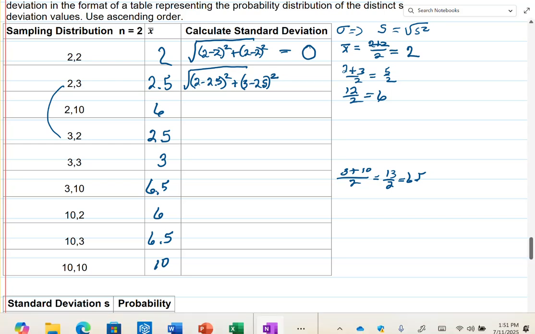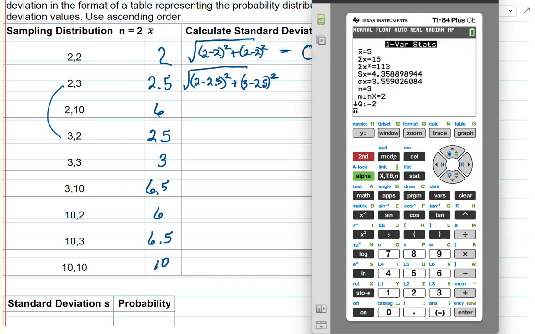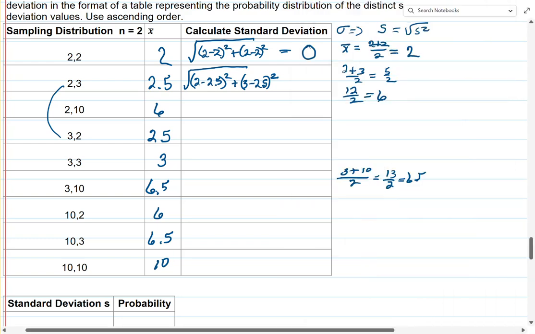So we're going to do our calculator for that guy. And I'm going to do second square root, open parenthesis, 2 minus the 2.5, close parenthesis squared, plus open parenthesis the 3 minus the 2 1/2, close parenthesis squared. Making sure I didn't forget a square, and I get 0.707.